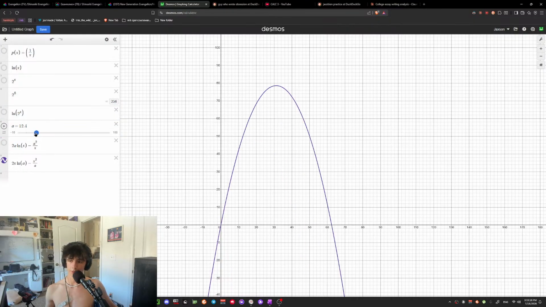Okay, so if we start off with a 12.4 inch monitor. See, this one is weird.